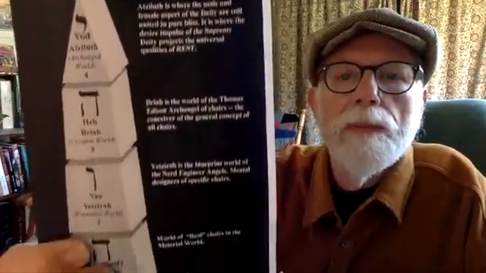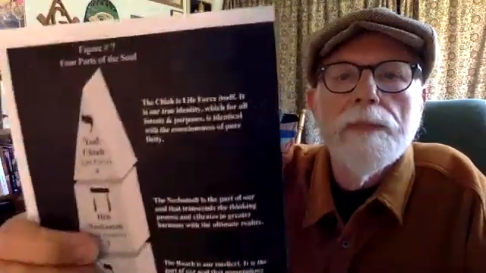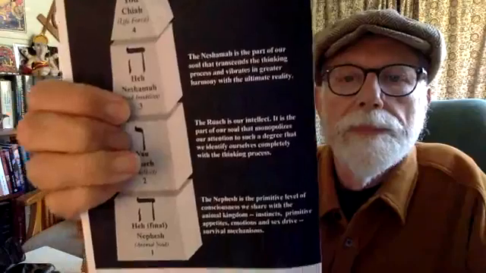Yod, He, Vav, He. Atzilith, Briah, Yetzirah, Assiah. Chai, Neshama, Ruach, Nephesh. The Nephesh lives, remember, the Nephesh is the animal soul.